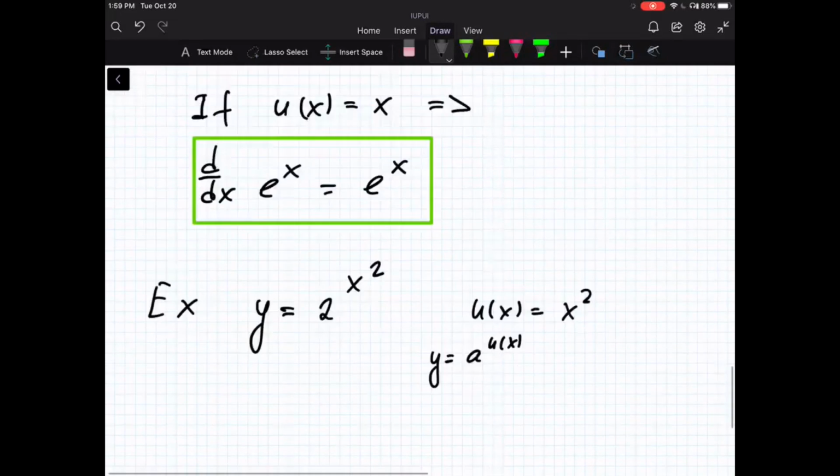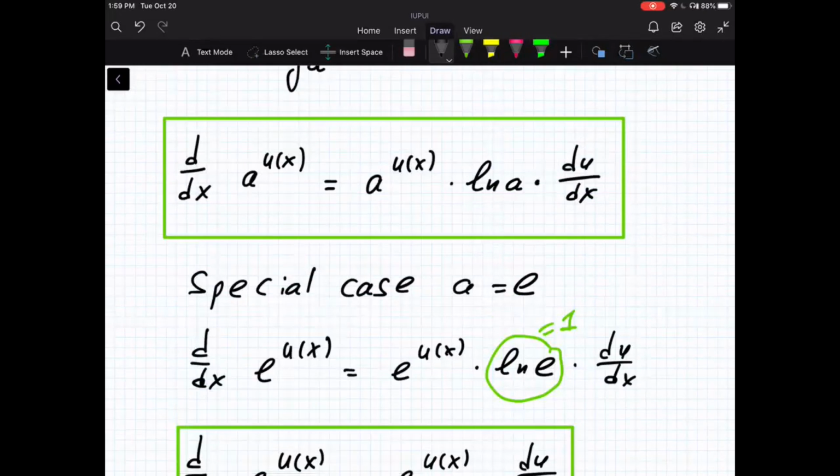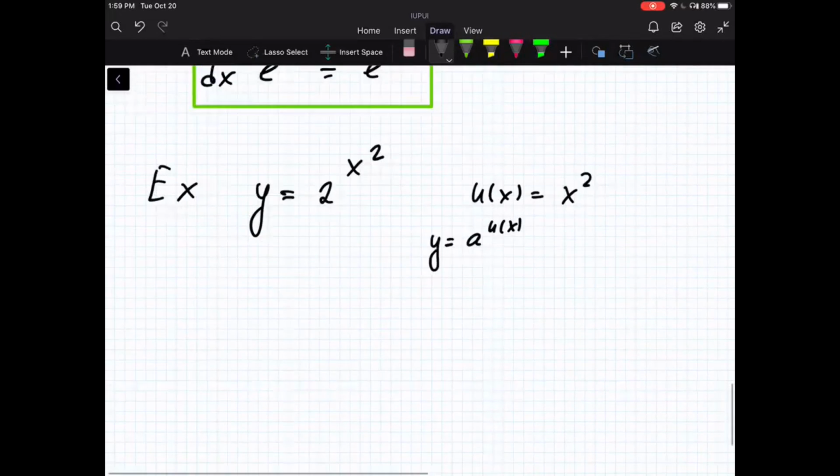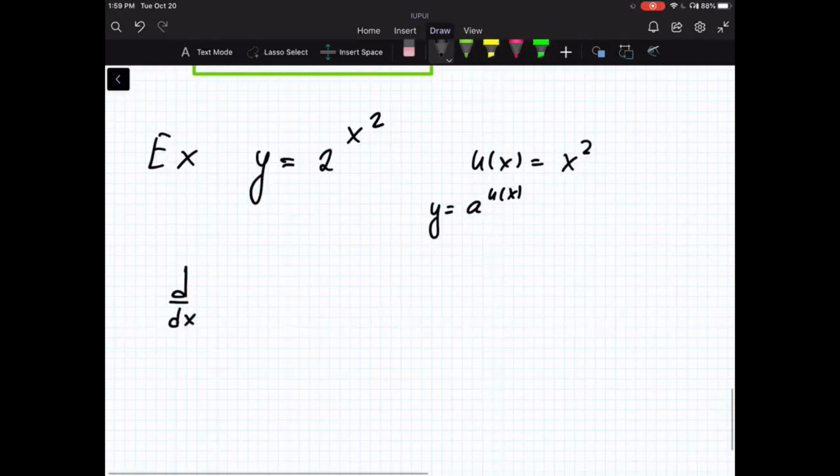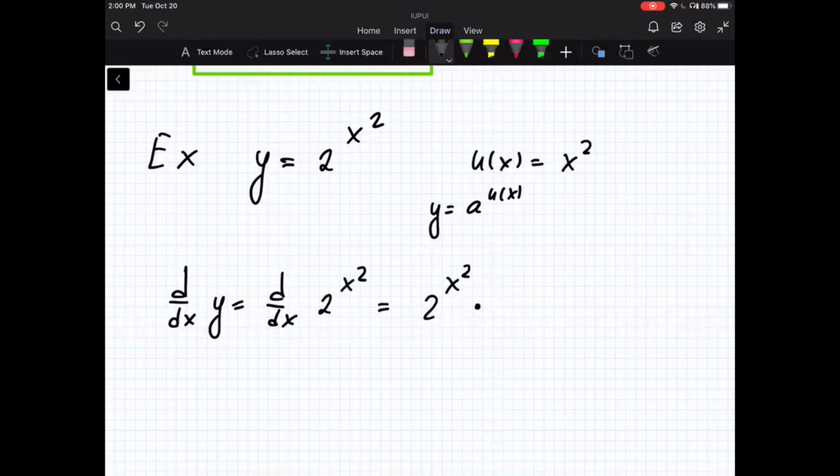And so we can use our first rule. So what we'll get is that the derivative of y, which is the derivative of this function 2 to the power x squared, is equal to, first of all, the same function times logarithm of 2, because a is equal to 2, and times the derivative of the exponent, so the derivative of x squared.